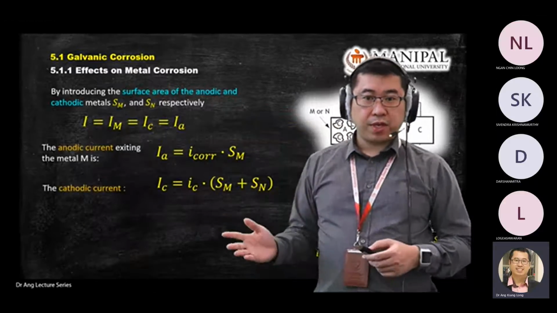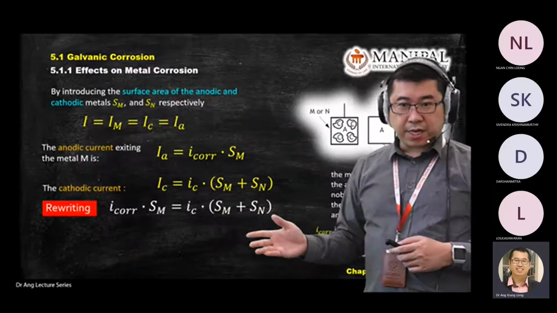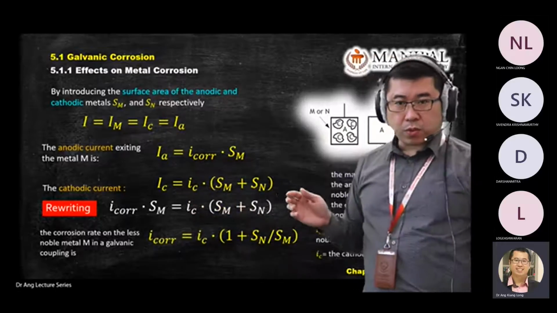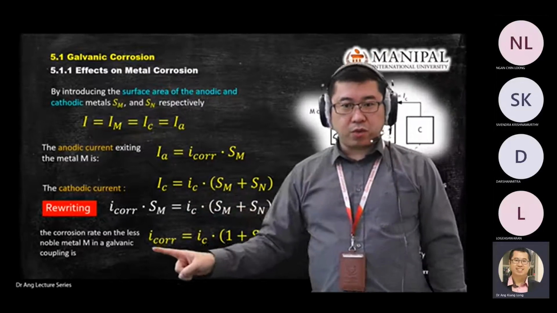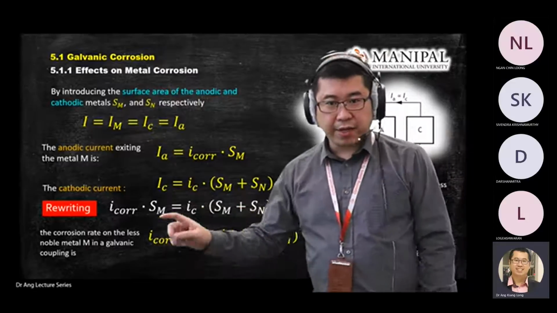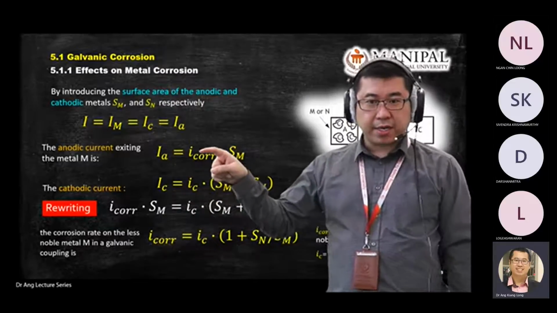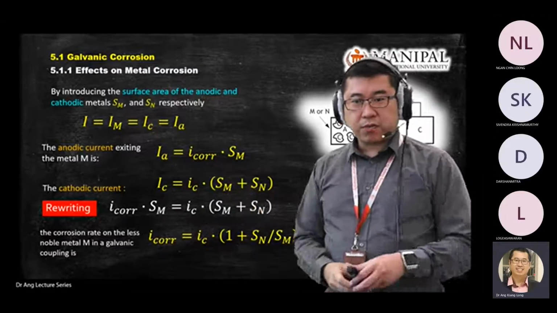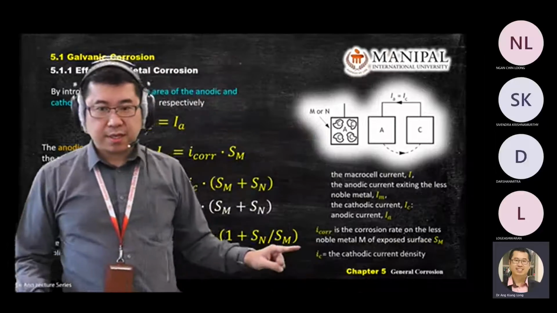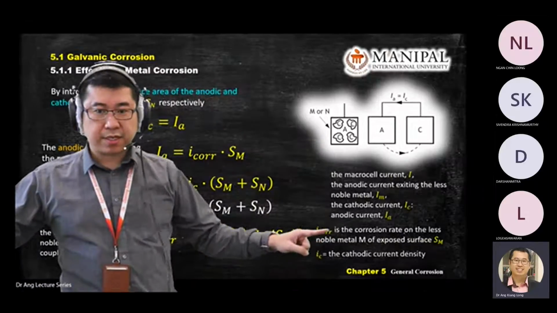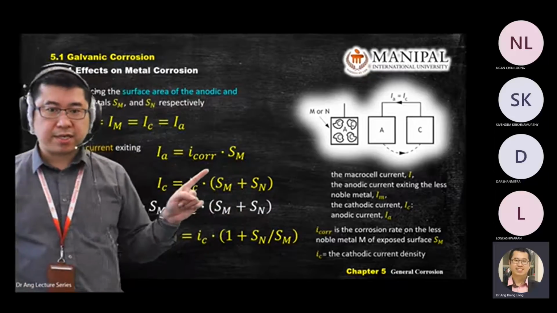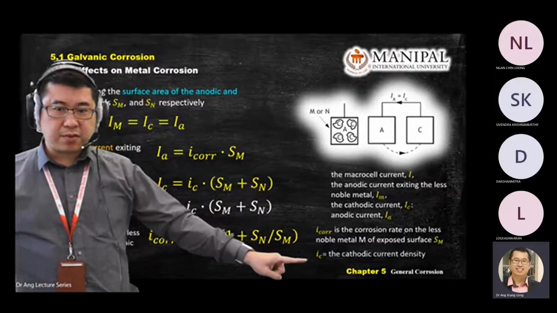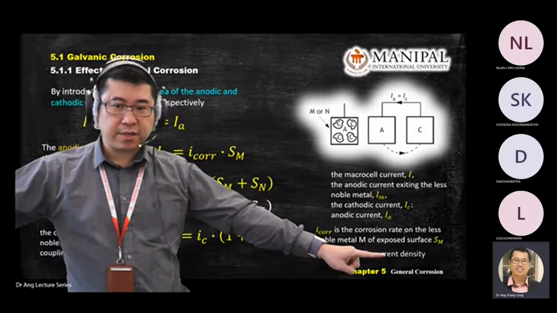And we have a few calculations. These are all important calculations. If you want to find the corrosion rate, we have two types of small i. Small i CORR is the corrosion rate. However, small i C is the cathodic current density.